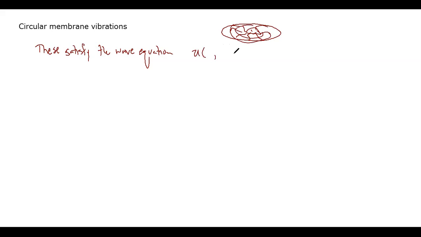You could use, it would be two-dimensional with polar coordinates. Yeah. So we'll call this rho and phi. And u of rho and phi is the height or displacement of the membrane.